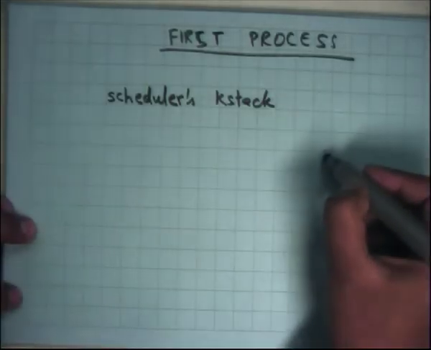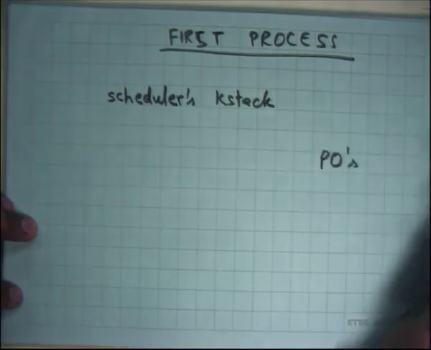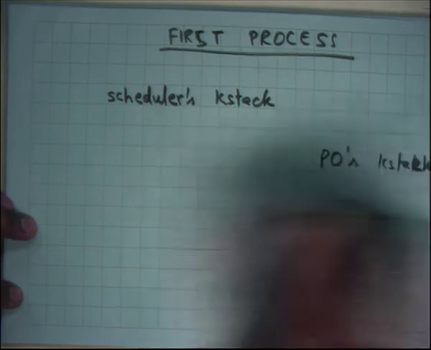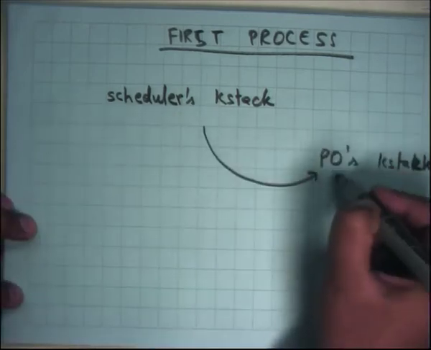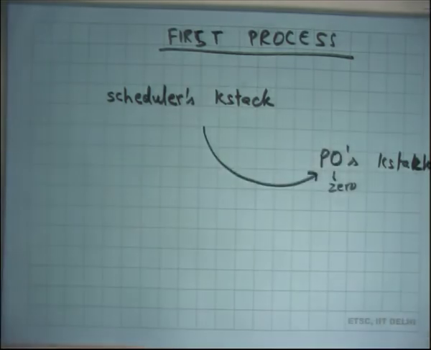Now it's going to initialize P0's K-stack, let's say the init process was P0, and it's going to switch from the scheduler's K-stack to P0's K-stack. P0 will now get to run, and P0 may now, let's say, fork new processes.